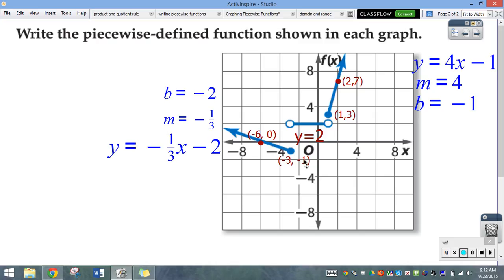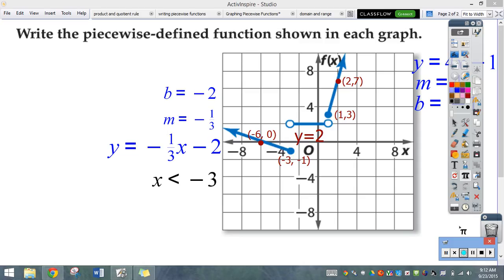And so I would just write x is less than negative 3. The one thing that I do have to keep in mind, though, is it an open or closed circle at negative 3? And when I look at this left piece here, it's a closed circle. So that means not only is it less than, but it needs to be less than or equal. So that would be the domain of my left piece of this graph.